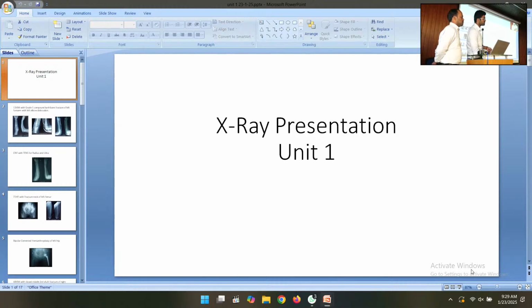Both proximal and distal will contribute. What is the proportion? Proximal tibia is 55%, sir. Distal is 45, almost equal.